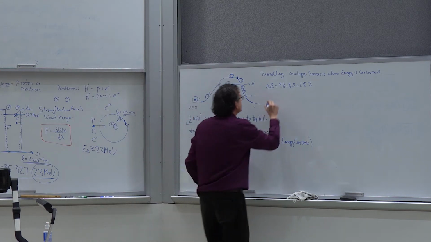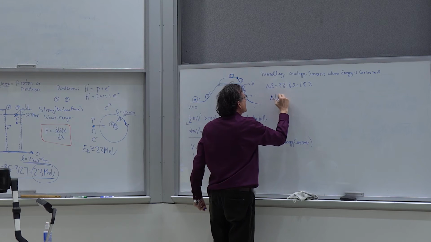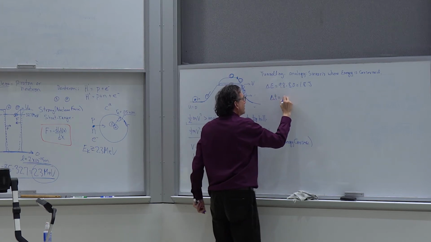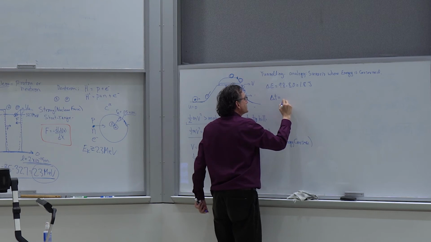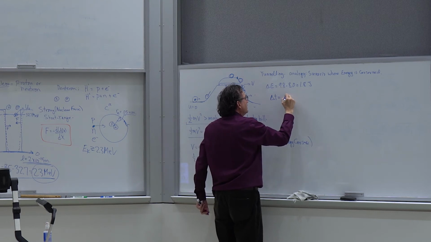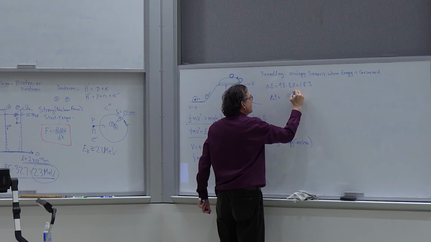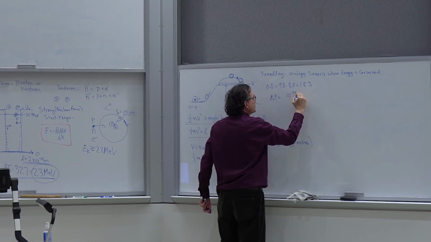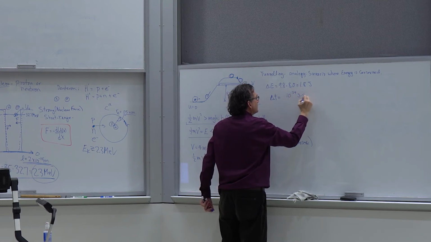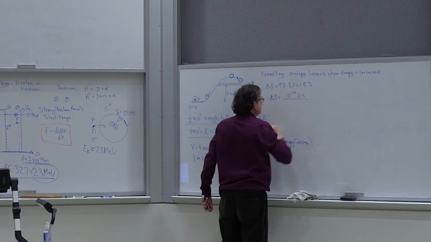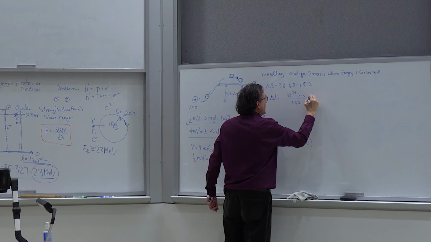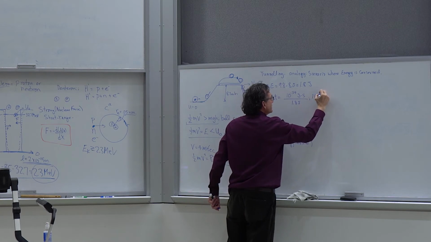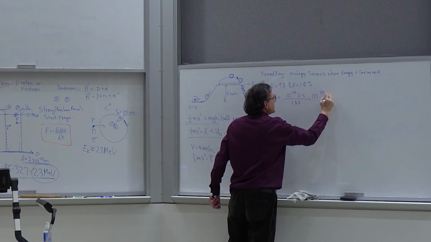Well, the uncertainty principle says that the amount of time that it could actually be up there would be given by h bar, which is approximately 10 to the minus 34 joule seconds, divided by 1.8 joules, and the amount of time that it could spend up there is 10 to the minus 34 seconds.